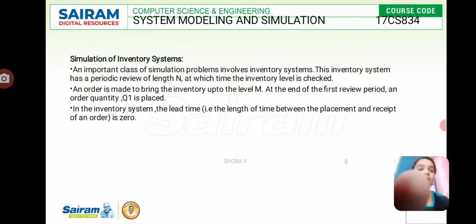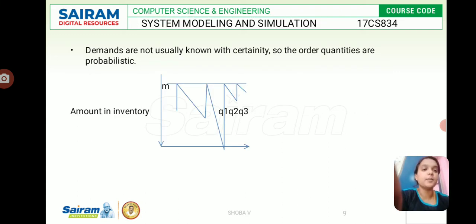In this slide we have discussed that an order is made to bring the inventory up to the level M. At the end of the first review period, an order quantity Q1 is placed, and the same for Q2, Q3, Q4, etc., depending on the demands. Demands are not known with certainty, and order quantities will be probabilistic in this inventory system.